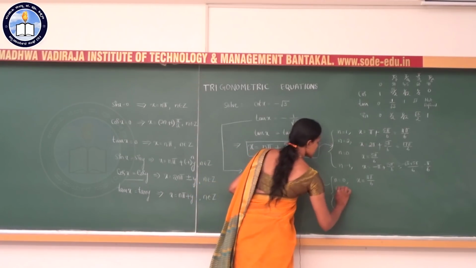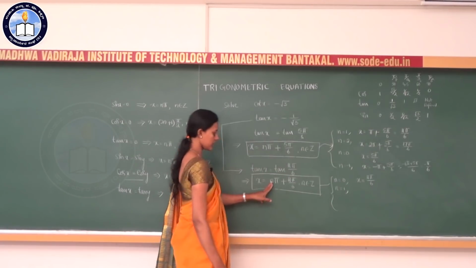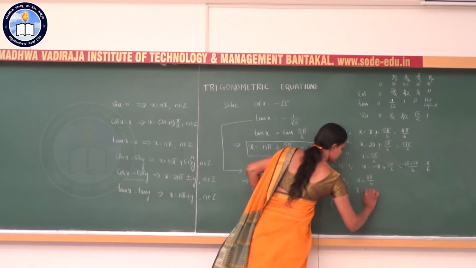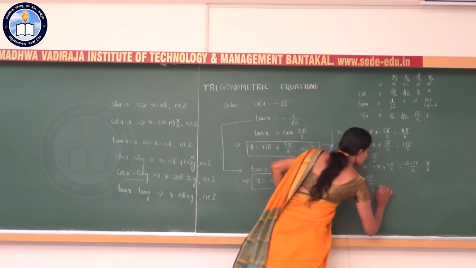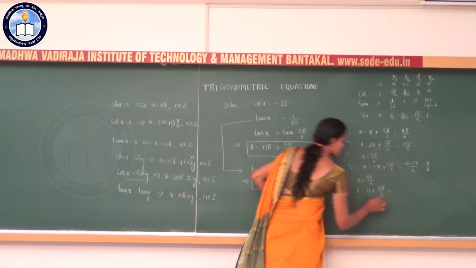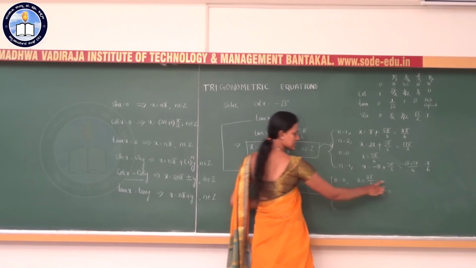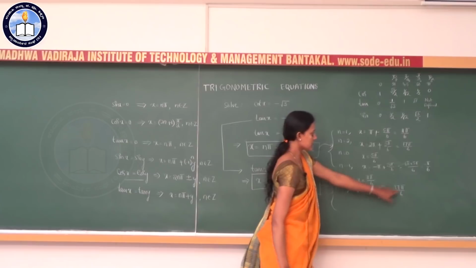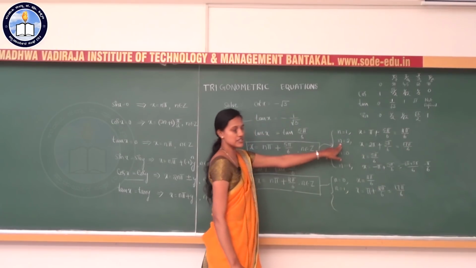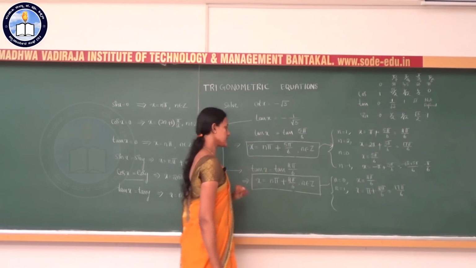If I substitute n is equal to 1 in the second, it is 1 into pi, so pi plus 11 pi by 6, which is 6 pi plus 11 pi, that is 17 pi by 6.